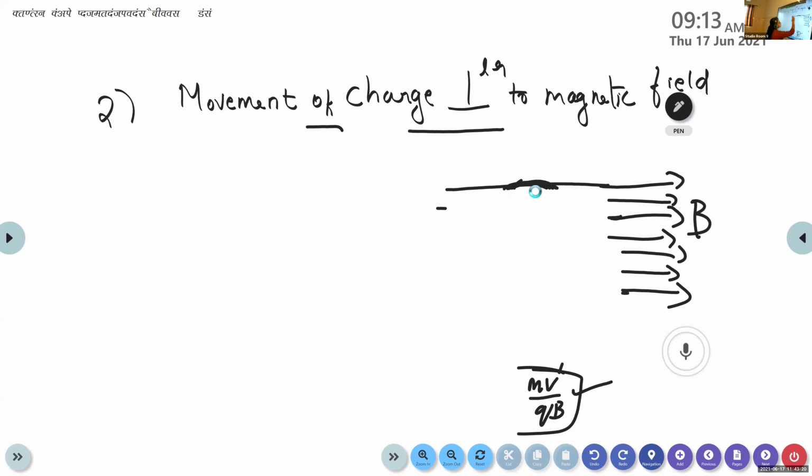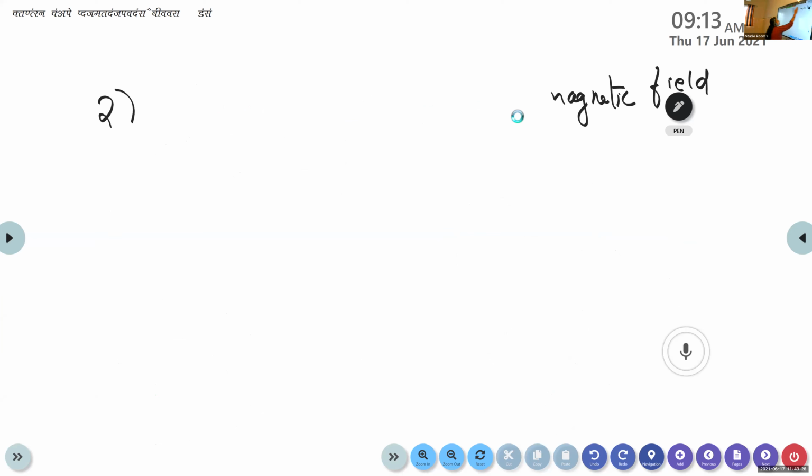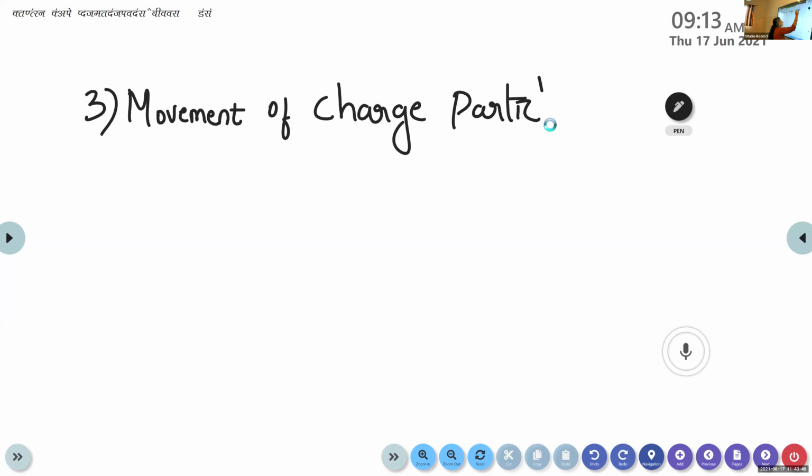What is the third case? Movement of charged particle.